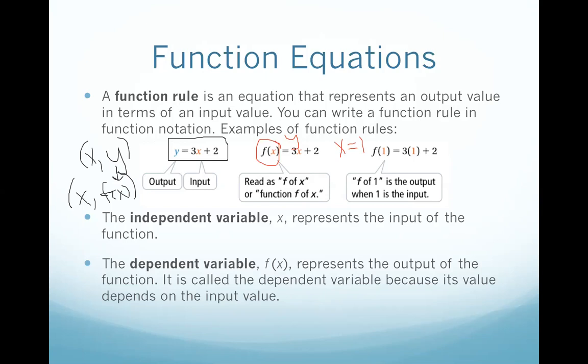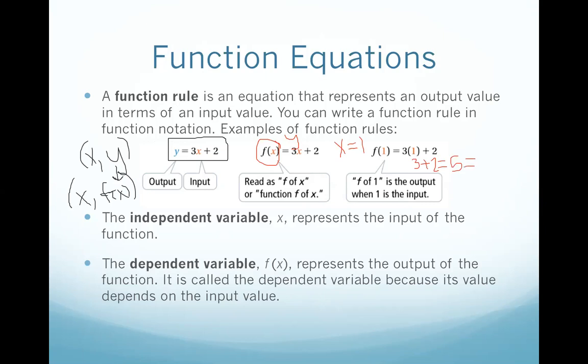Remember x is our input, so when x equals 1, we have f of 1. Everywhere that there was an x becomes a 1, and that equals 3 times 1 plus 2. 3 times 1 is 3, plus 2 equals 5. So x was 1, f of x is 5.